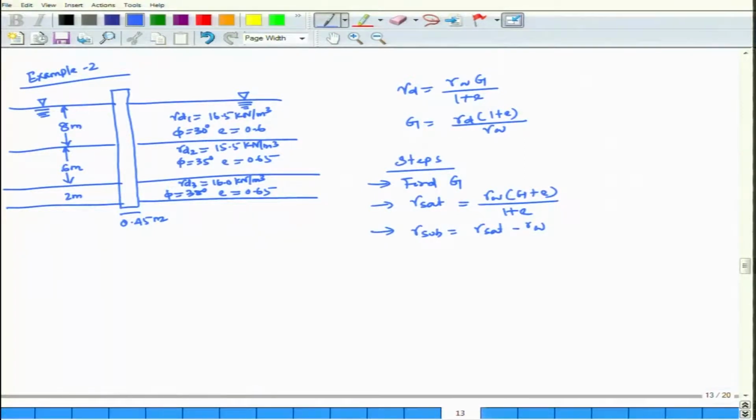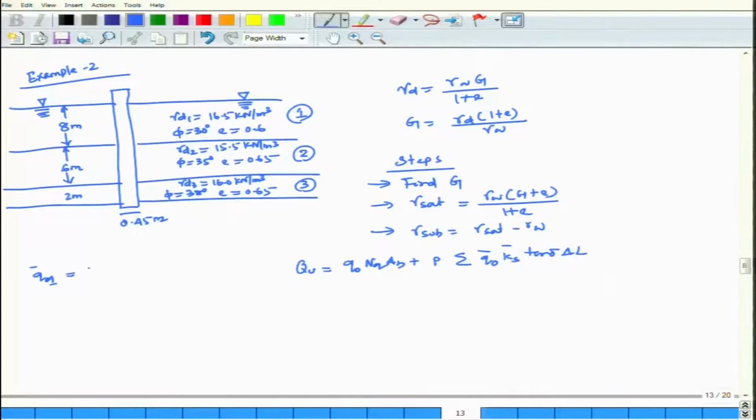That is your case. Qu is equal to Q0 NQ AB plus summation of Q0 bar Ks tan delta into P delta L. Then I am writing the procedures, you can try it. Q0 bar 1, that means this is layer 1, this is your layer 2, this is your layer 3, this is at the base.